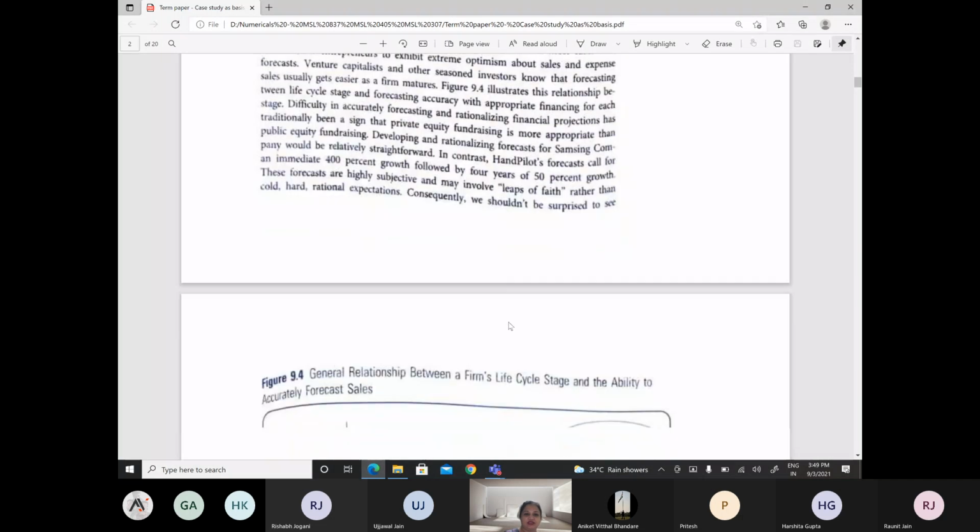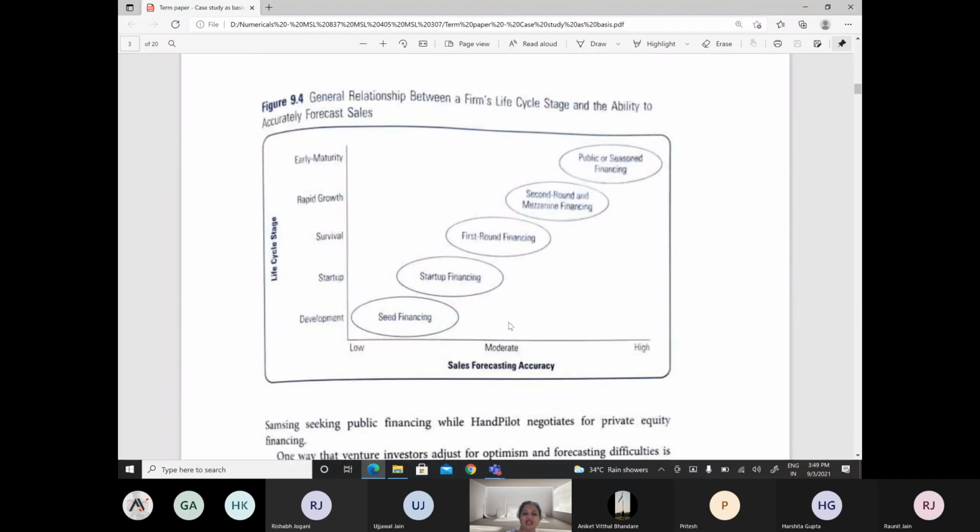So let's look at this figure first. Naturally, when you are just starting off with your venture, the accuracy of your sales forecast would be very, very low because you don't have any past sales, current sales, any market data at all.